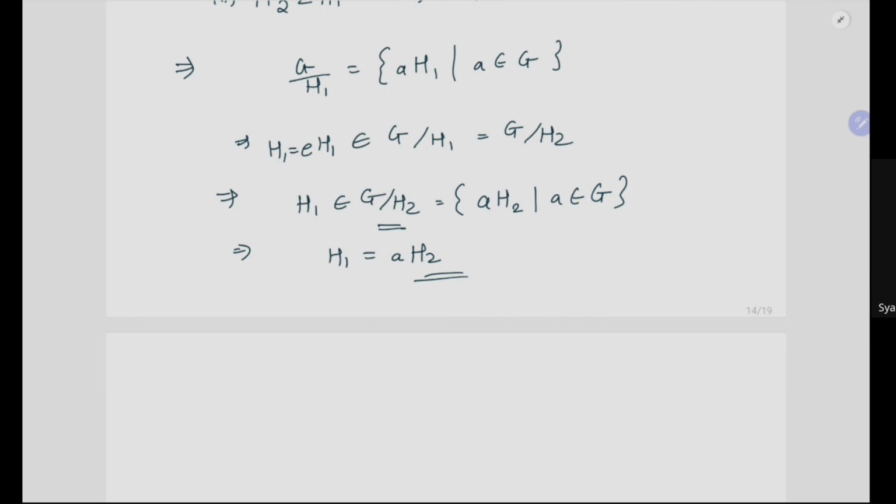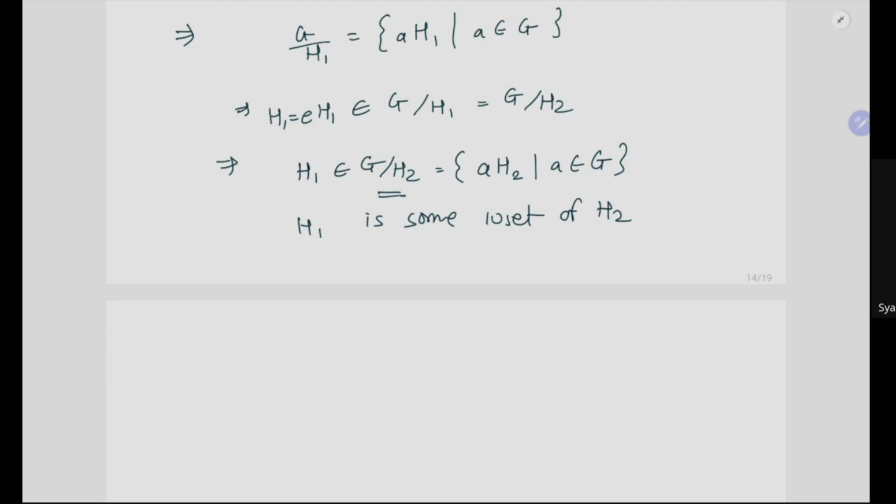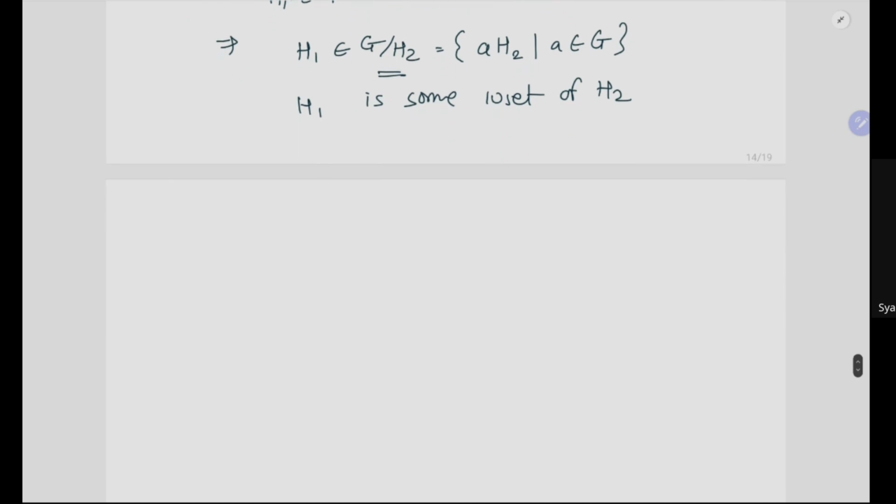What we know is that if H1 is some coset of H2, then they are either equal or disjoint. H1 is equal to some AH2.